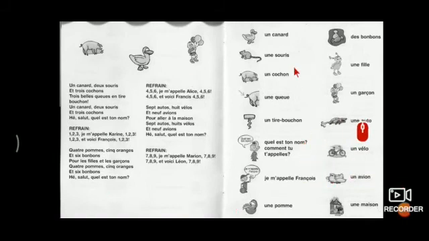So okay, so I'll repeat once again. Un canard, une souris, un cochon, une queue, une tire-bouchon. Quel est ton nom? Comment tu t'appelles? Je m'appelle François. Une pomme, des bonbons, une fille, un garçon, une auto, un vélo, un avion, une maison. So these vocabularies already you know. Okay, so 1 or 2 is new.